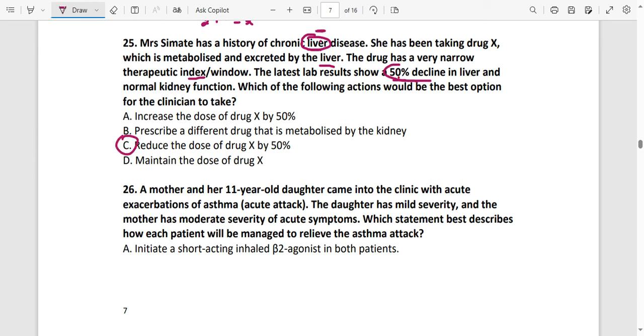A daughter came into the clinic with an acute exacerbation of asthma, an acute attack. The daughter has mild severity and the mother has moderate severity of acute symptoms. Which statement best describes how each patient will be managed to relieve the asthma attack? Initiating a short acting inhaled beta agonist in both patients.